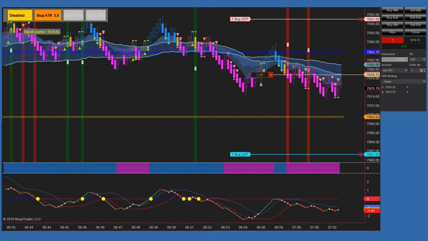Come on. Our Bollinger Suite keeps bouncing back and forth too. See down here? It's in the Bollingers, out of the Bollingers, in the Bollingers, out of the Bollingers.